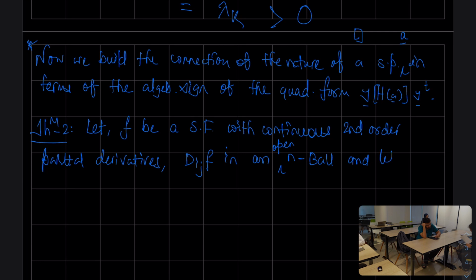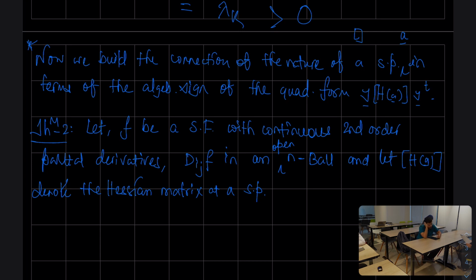And let H denote the Hessian matrix at a special point. A stationary point is a special point, at A.